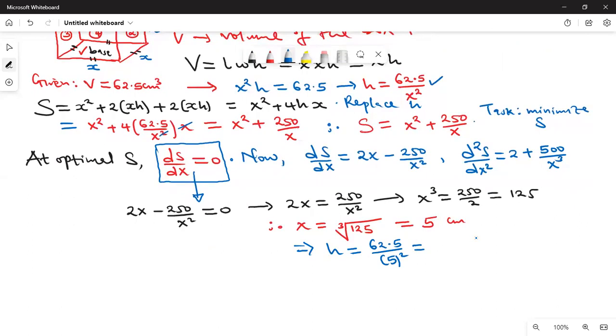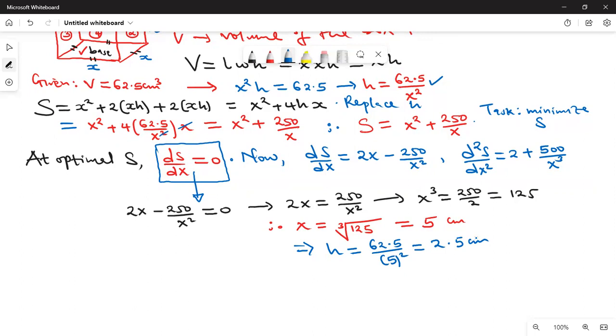You can press that in the calculator and see what you're going to get. 62.5 divided by 25 will give you 2.5. So that is 2.5 centimeters.